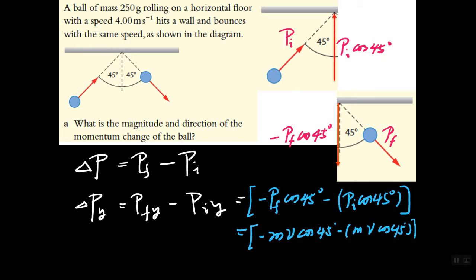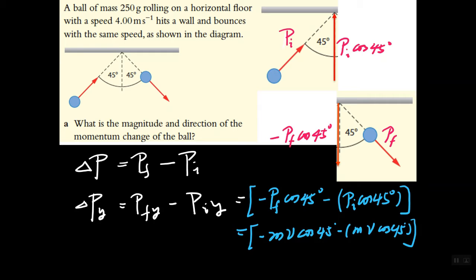Minus, mass is m, velocity is v, and mass and velocity have not changed, right? It's a ball of mass m rolling on a horizontal floor with a speed v, hits a wall and bounces with the same speed, but in the opposite direction. The momentum is the same, but in the opposite direction.